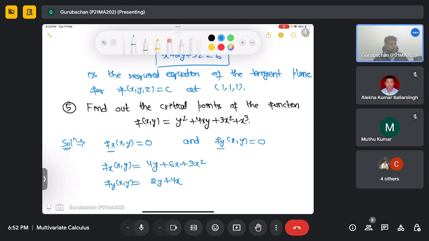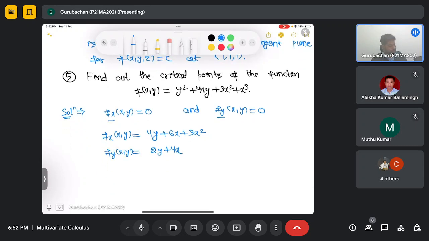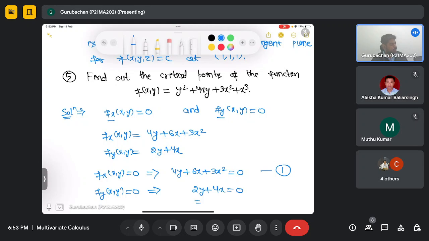Now put these equal to 0. fx(x, y) equal to 0 gives us 4y plus 6x plus 3x square equal to 0. This is equation number 1. And fy(x, y) equal to 0 gives us 2y plus 4x equal to 0, which gives y is equal to minus 2x. Suppose this is equation number 2.